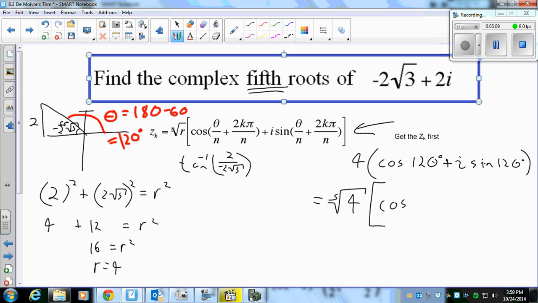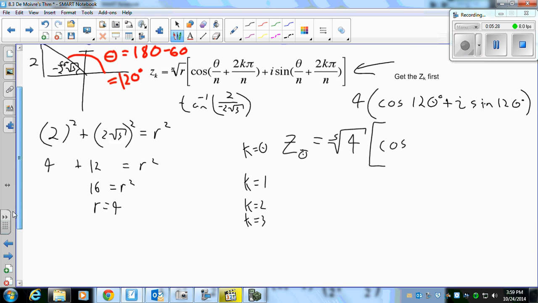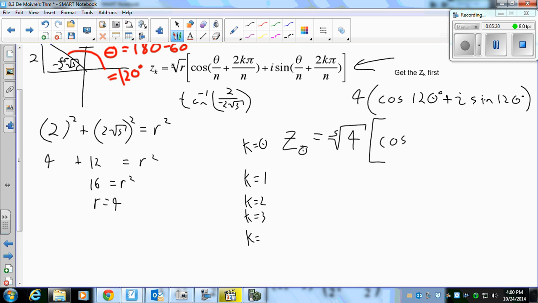We'll always start with k equal to 0. Then we do when k is equal to 1, 2, 3, and we need to find 5 roots. So that just means we go up to k equal to 4. Because we include 0, we only go up to 4 because we have 5 roots here.